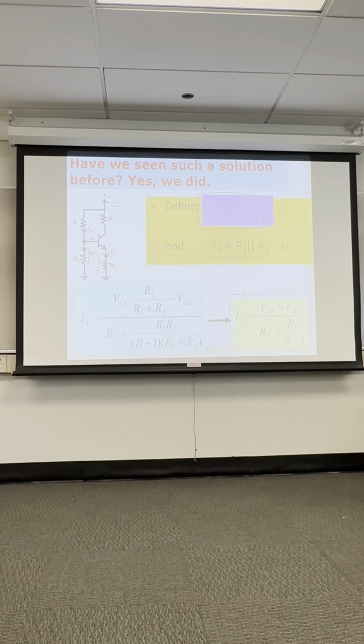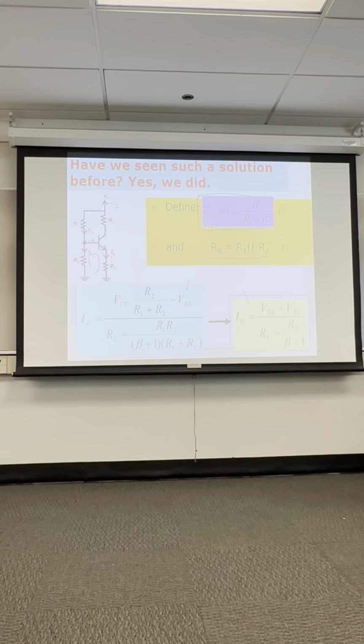You want to make sure this equation is on your formula sheet for the emitter current. If you don't have this equation, then you'll basically go back several steps and solve for the voltage drops around the loop, which is this step over here. So I sub E, the emitter current, is VBB minus the base emitter voltage, divided by RE plus R sub B over beta plus 1.